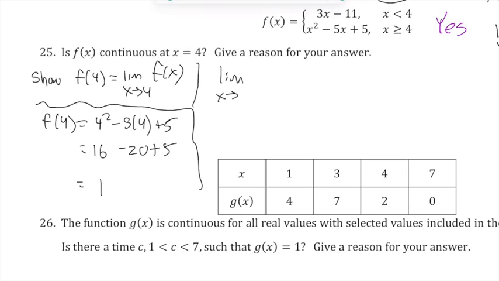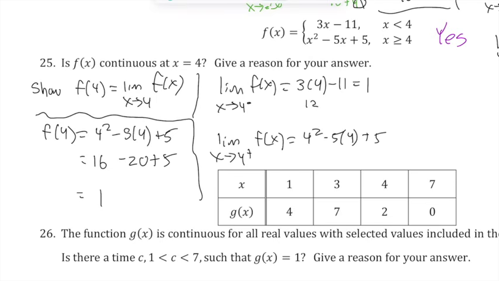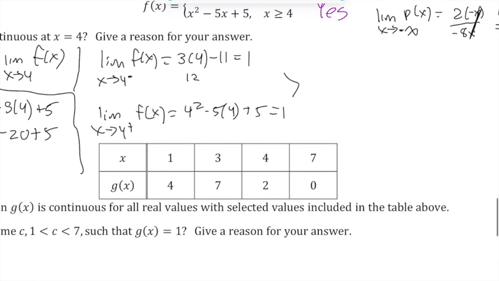So the limit as x approaches 4 from the left. And again, from the left, we're going to use this part. And again, this is going to be 12 minus 11, which is 1. So that's good. And then the limit as we approach 4 from the right, we just did that here, and that's equal to 1. So that means the limit as x approaches 4 from the left and right are the same.